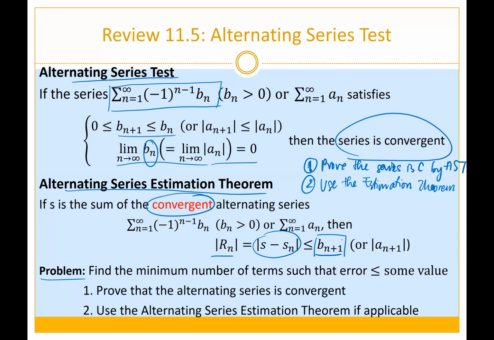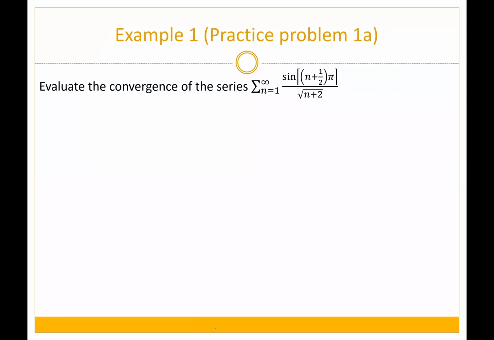Some of the problems they can ask you in this section are to find the minimum number of terms such that the error is smaller than or equal to some value. First you prove the alternating series is convergent, then use the estimation theorem. They can also ask which series is absolutely convergent, conditionally convergent, or divergent.